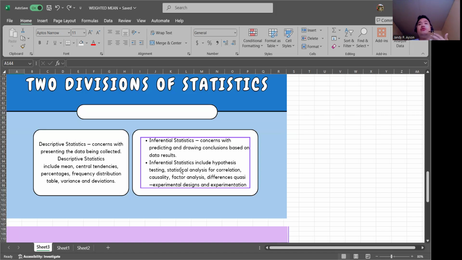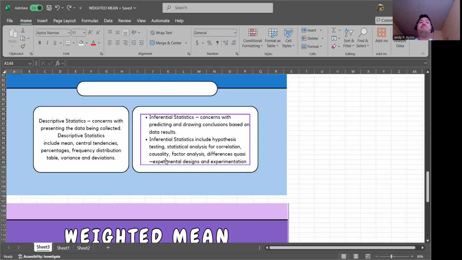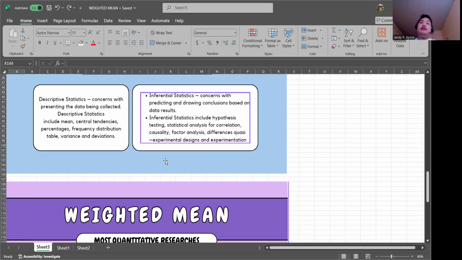So anything that you would do hypothesis testing para makapag-sabi ka whether there is a correlation, may causality, may factorial analysis, may difference, may quasi-experimental design and experimentation, you use inferential statistics. Okay, so once mag-establish tayo ng mga hypotheses natin, we utilize inferential statistics. So yun yung difference ng dalawa.